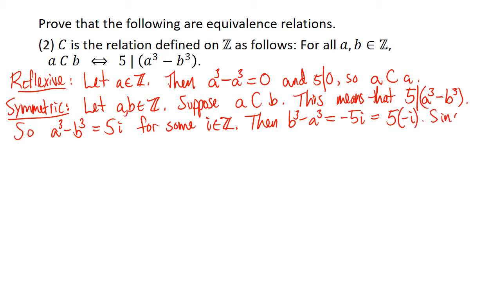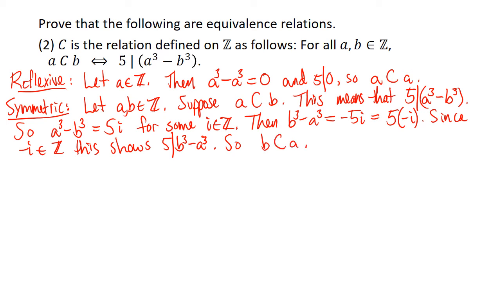Okay, and then I can say that since negative i is an integer, this shows that 5 divides b cubed minus a cubed. So that means that b is related by C to a. Okay, so that's the symmetric property. And then for the transitive property, you need to take 3 elements.